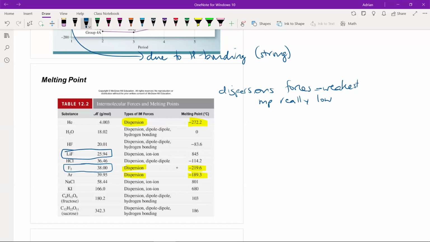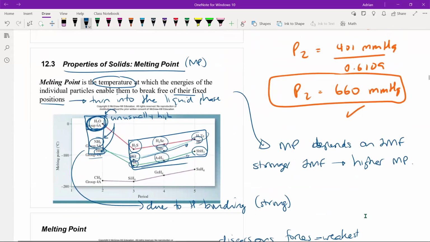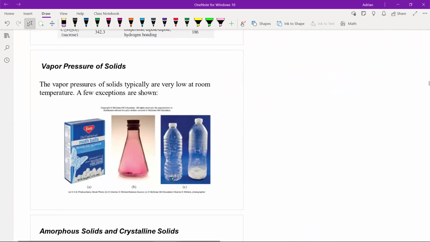Even though the lithium fluoride has a lower molar mass, it has a much higher melting point because in addition to the dispersion forces, between the lithium fluoride you also have ion-ion, which is the ionic bonding forces, which are very strong, first of all, which make the melting point very high. Right, so again, a direct relationship between the strength of the intermolecular force and the melting point. Stronger intermolecular force, higher the melting point is going to be.